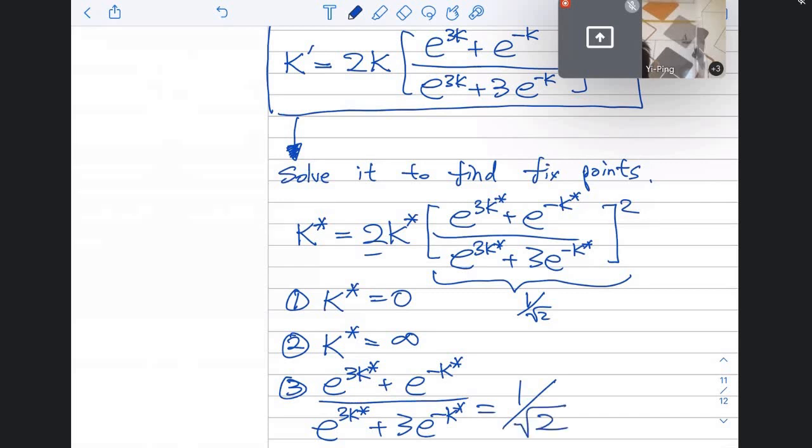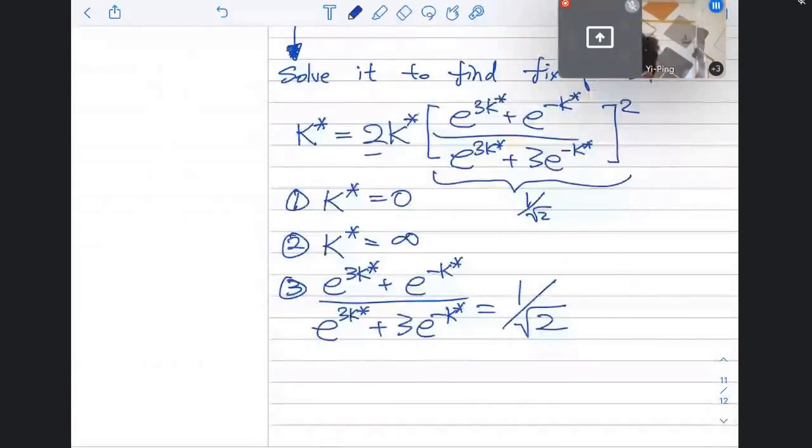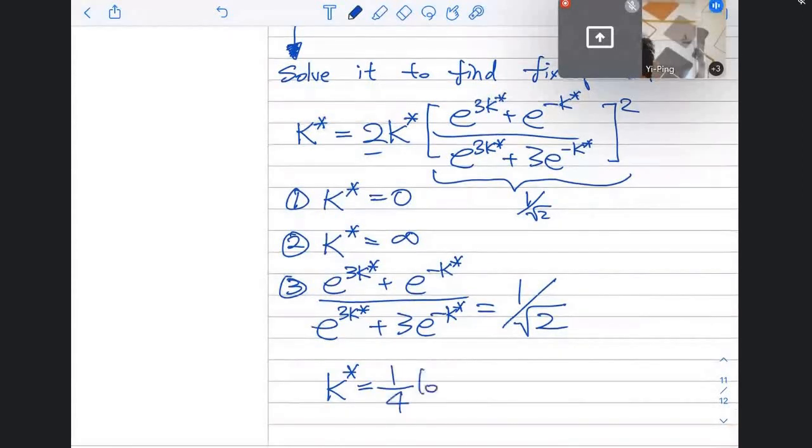You can solve this, and it turns out you will find K star equal to 1/4 of log of 1 plus 2 square root of 2, which is something like 0.34.